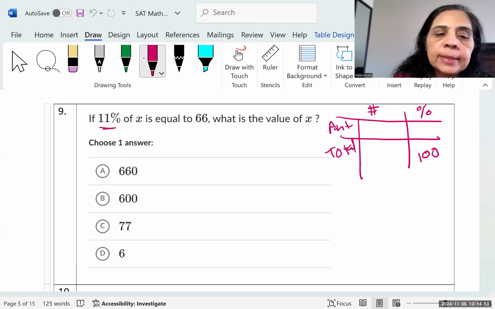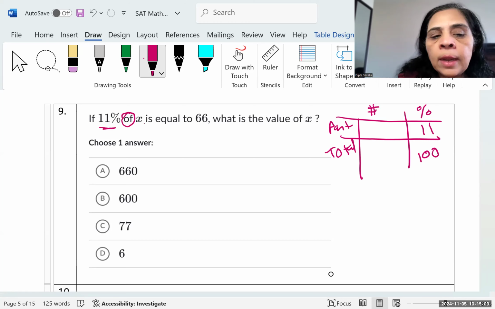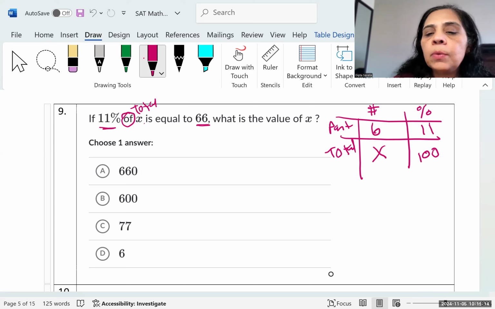It says 11%. So that goes right here. X is, so 11% of X. Right after "of," that's always total. That's the keyword. So we are looking for X. Is equal to, right after "is," we have 66. Right? So we can see that. Now we can do cross multiplication.